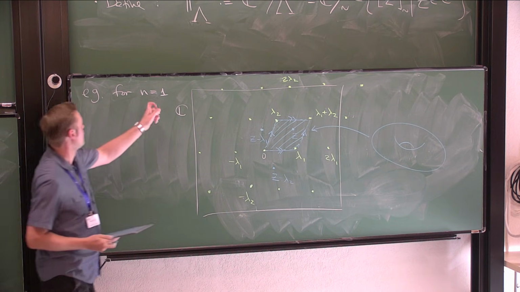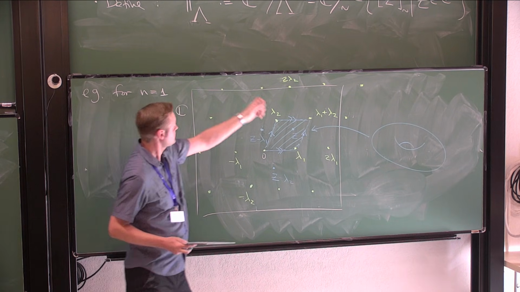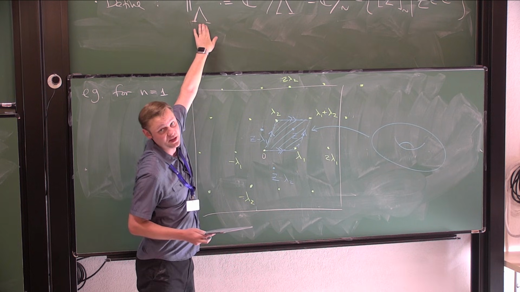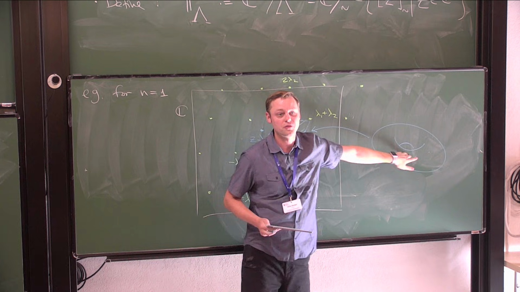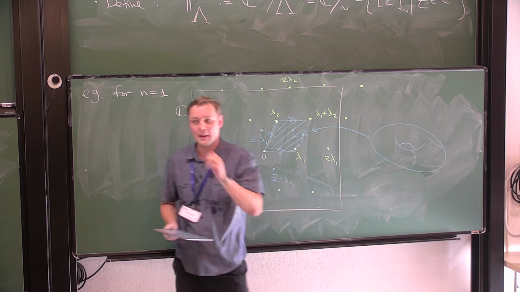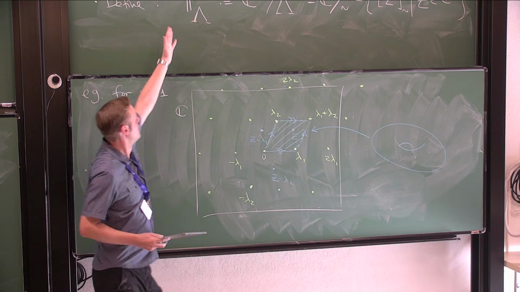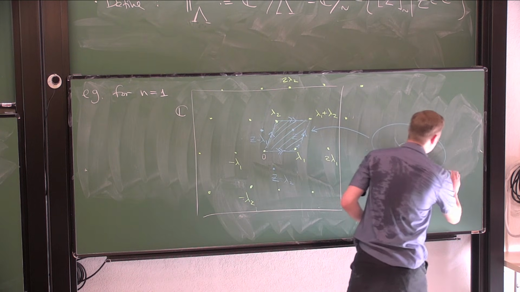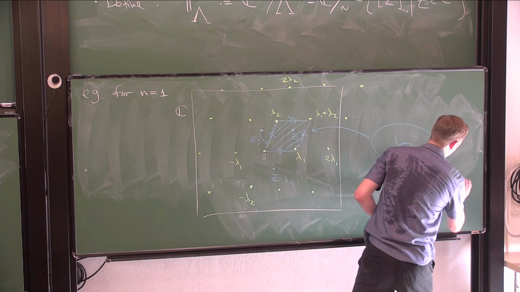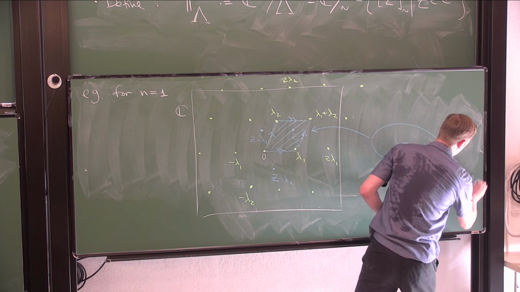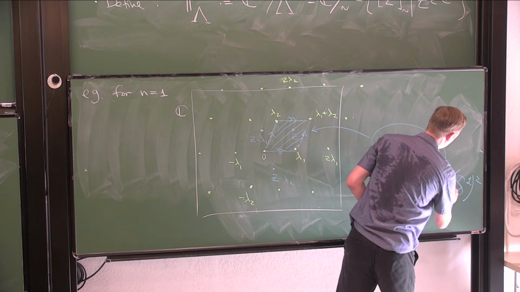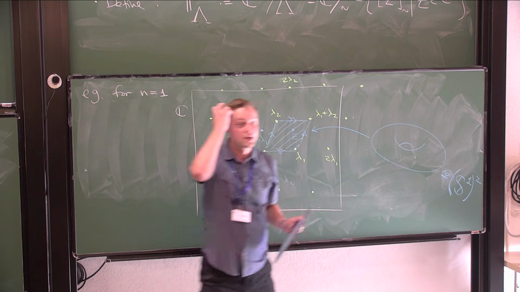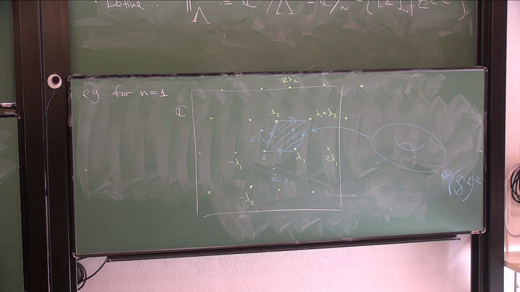So when n equals 1, this complex manifold, the underlying real two-dimensional manifold, is literally your familiar donut. And topologically speaking, this is S1 squared, the product of two circles.